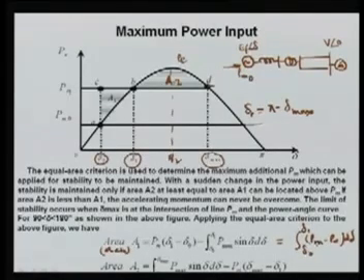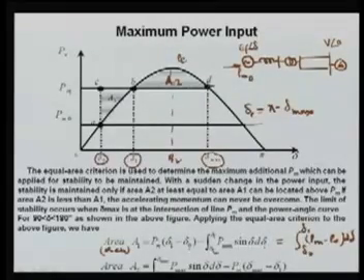Since PM is a constant, we can take it outside, so the first term is PM times delta 1 minus delta naught, and the other term, with the minus sign, is the integration from delta naught to delta 1 of P max sin delta d delta.